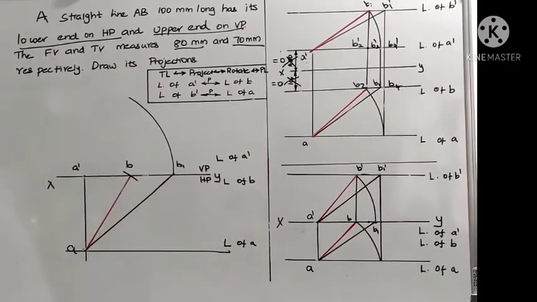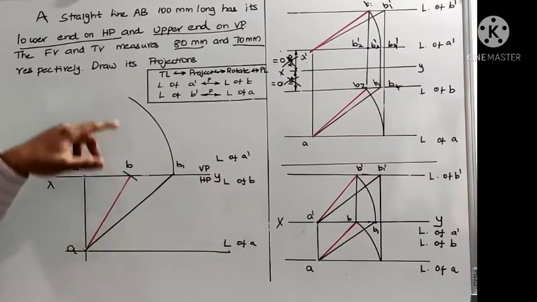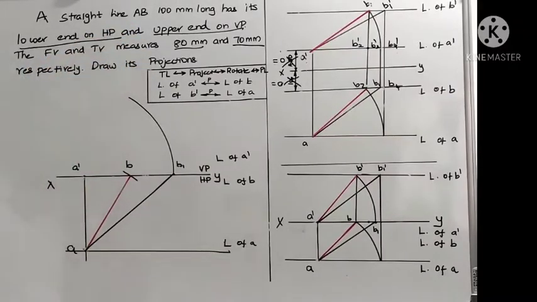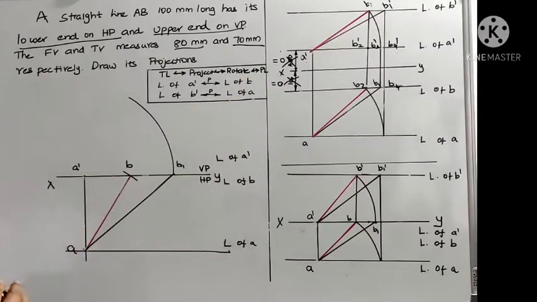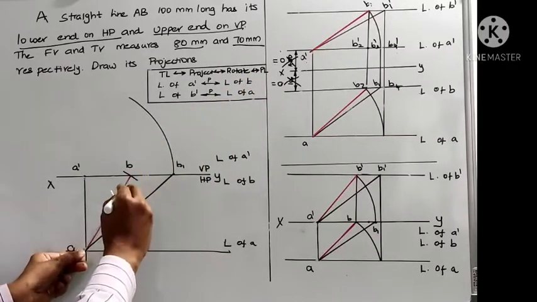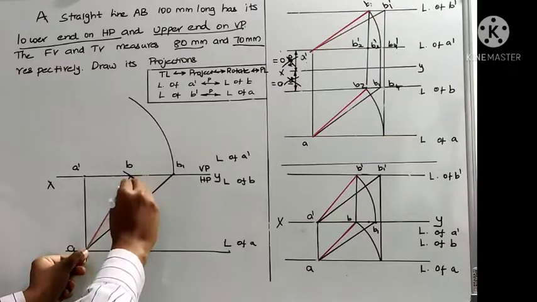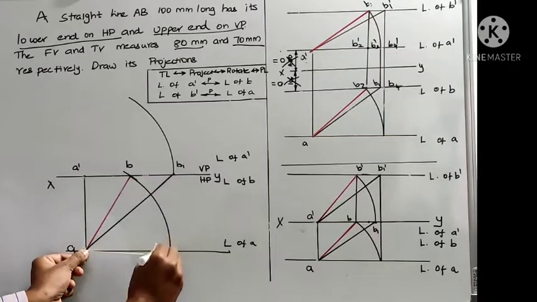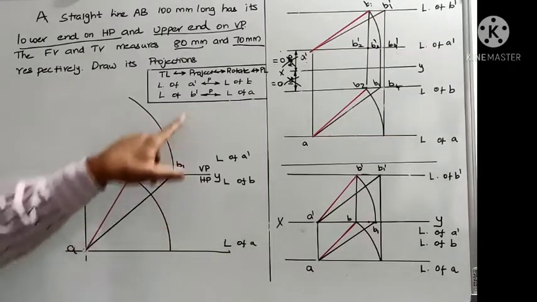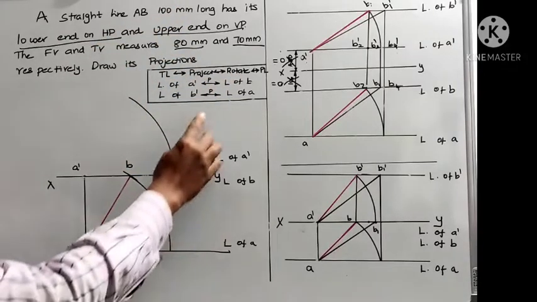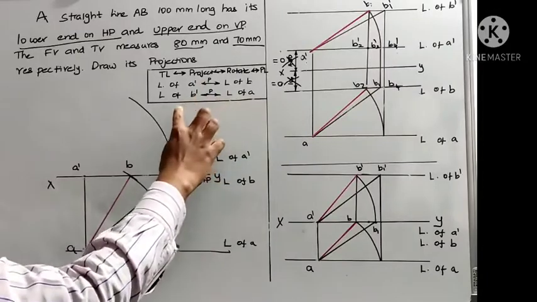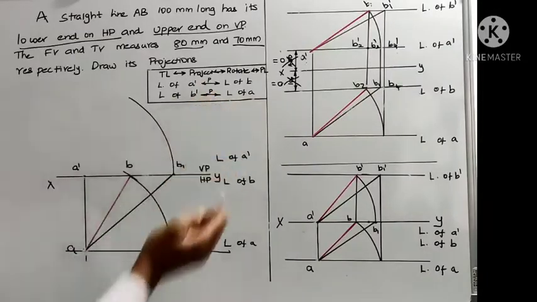Okay. So I need to get the true length in the front view. How can I do it? So I have the projector length. First, I need to rotate the projector length something like this. After rotating it, I need to project. So I am starting from the locus of A. So that means I need to project it till the locus of B dash.